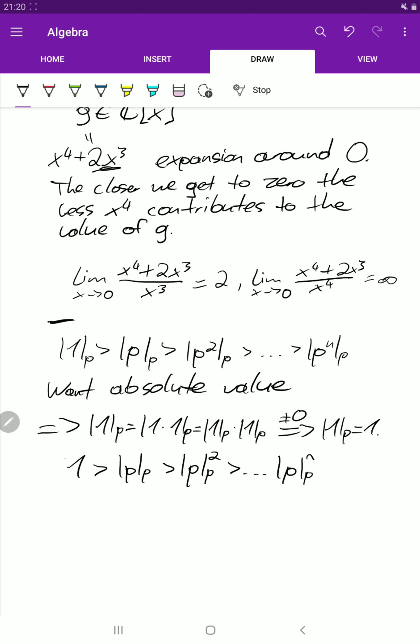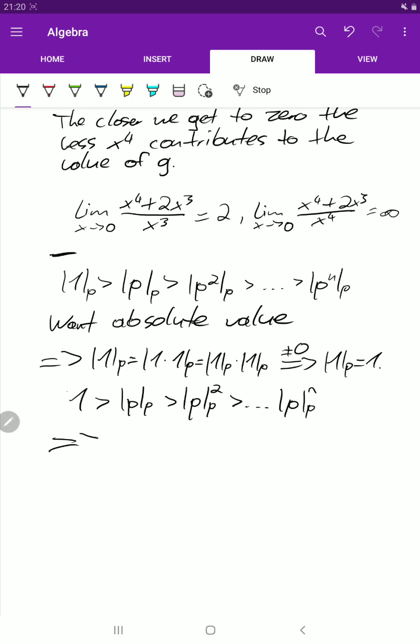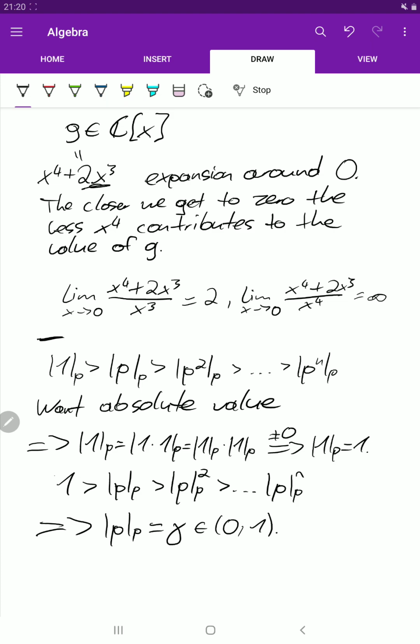So we get that the absolute value of p is equal to some gamma, which is between 0 and 1.